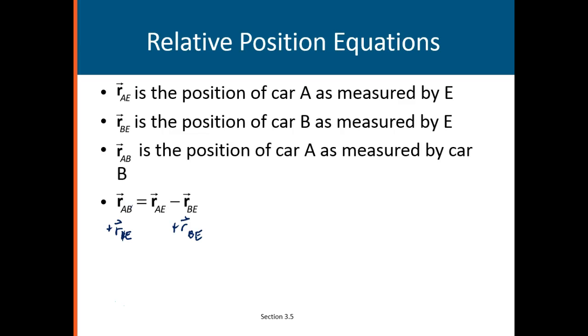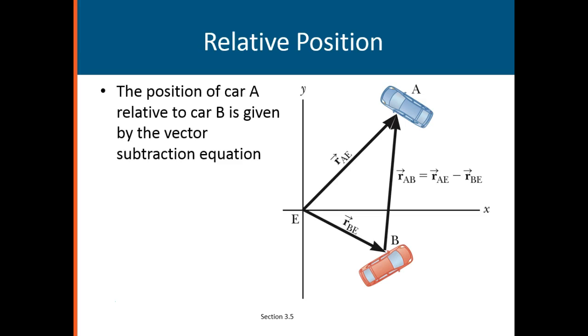Okay. Now, here's an example of that. The position of car A relative to car B, A relative to B, would be the position of car A relative to Earth minus the position of car B relative to Earth.